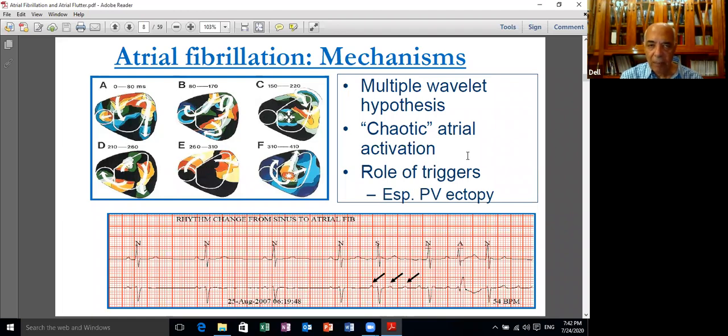If the atrium gets larger because of left ventricular dysfunction or mitral valve disease, the wavelength is the refractory period multiplied by the wave velocity. So if anything decreases the velocity or anything decreases the functional refractory period, it decreases the wavelength and allows the atrium to accommodate a larger number of wavelets.